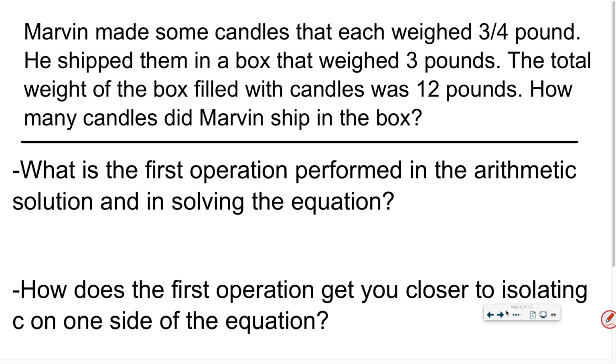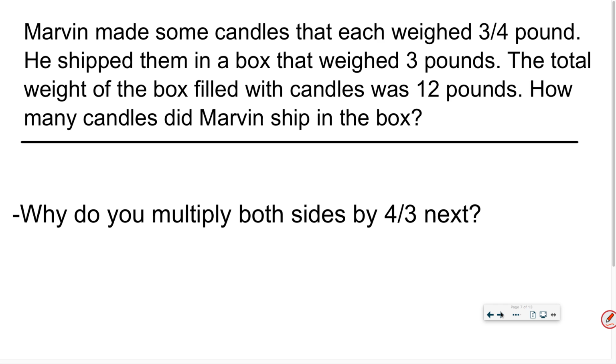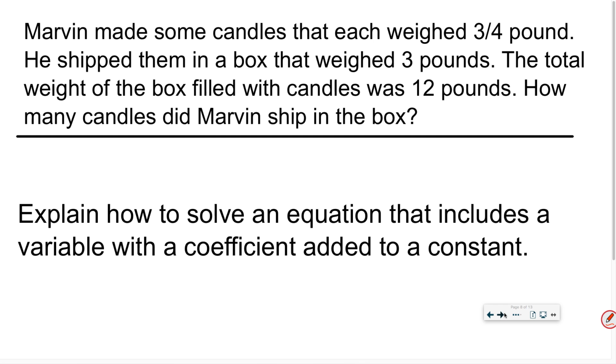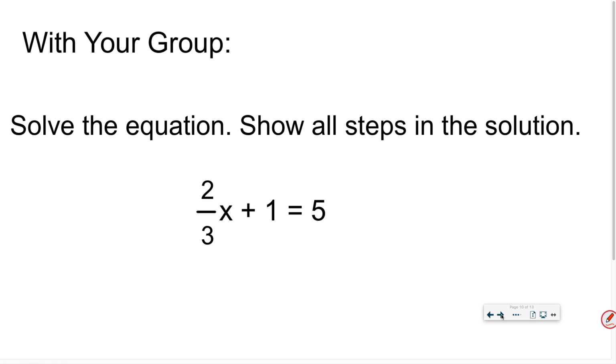So we already answered these questions as we went, so I'm going to skip it just a little bit. We actually answered all of this. So with your group, at your table, and this is the time where we need to actually talk with just the people near you, so it's not a crazy conversation, about how you're going to solve this question. 2/3 x plus 1 equals 5.